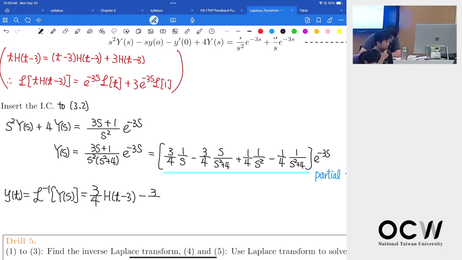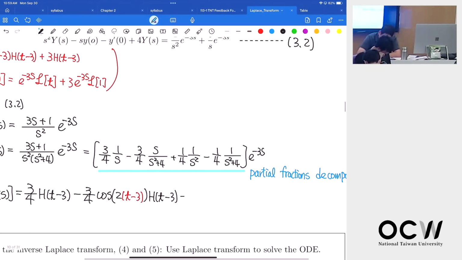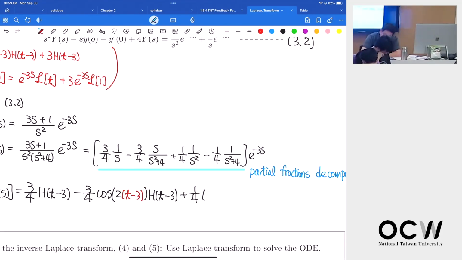Second term, I have a cosine 2t, but this t should be 2 times (t minus 3). And the third term, 1 over s squared, there will be t minus 3.